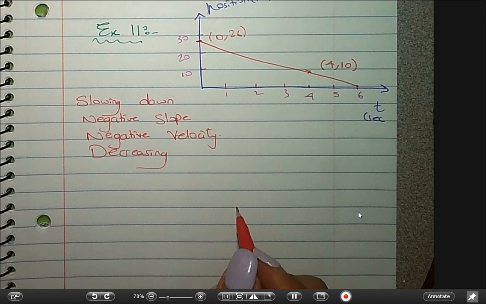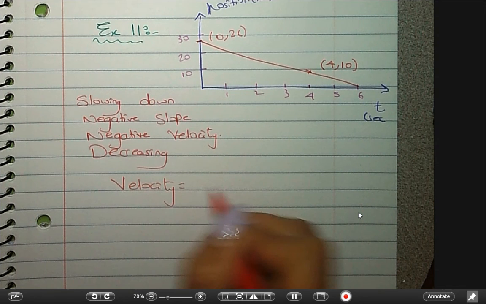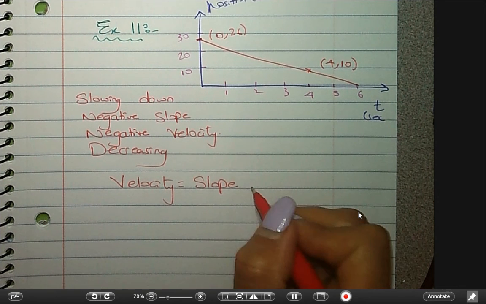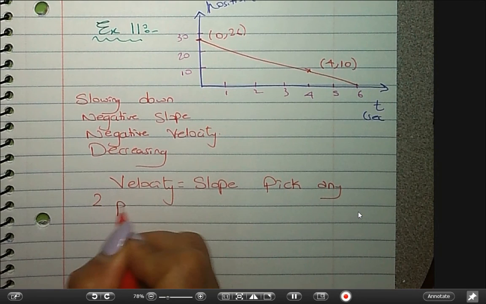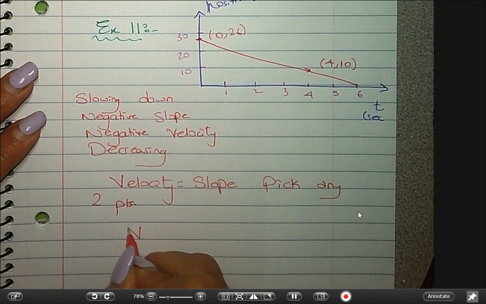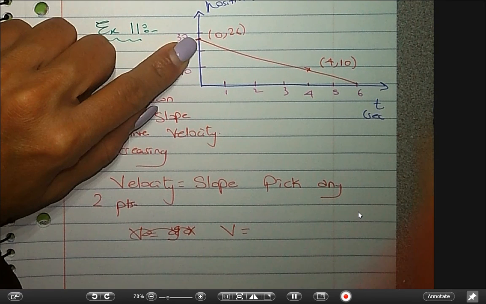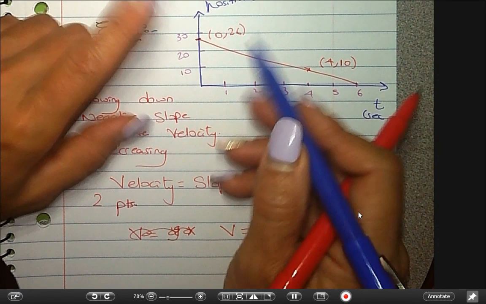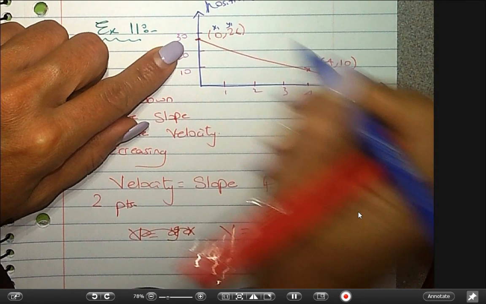Okay, so how do we find velocity? Velocity is your slope, which is, pick any 2 points. Let's choose whatever we have given, even though you can choose really any. So I'm going to do x1, y1, x2, y2.